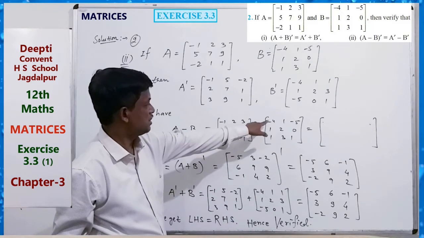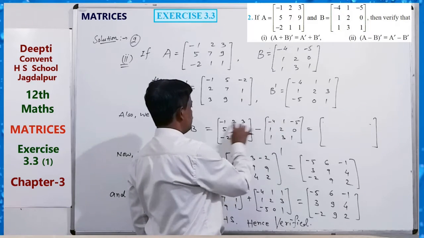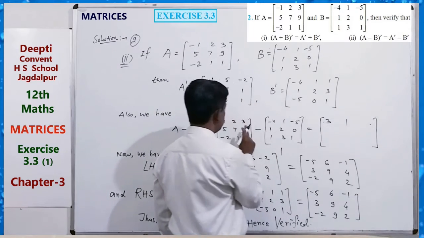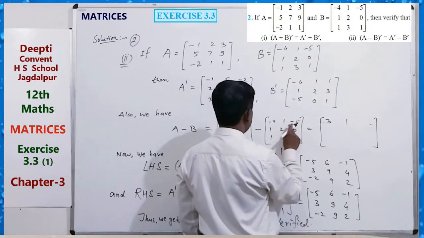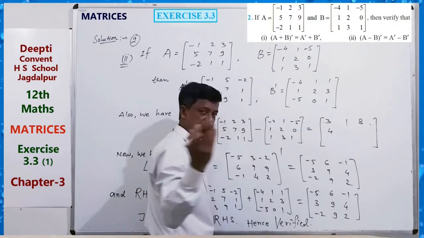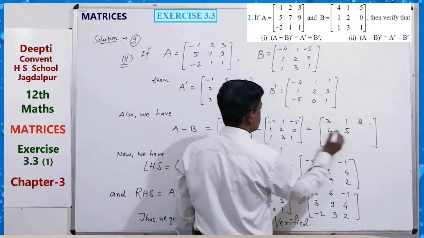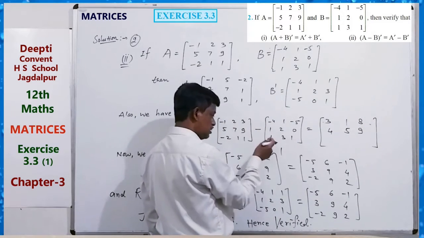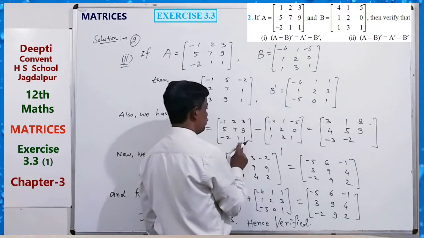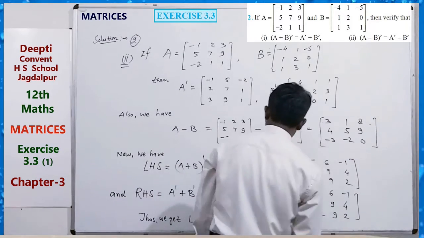Minus 1 minus minus 4 is 3. 2 minus 1, 1. 3 minus 5 plus 5, 8. 5 minus 1, 4. Just subtract now. 7 minus 2, 5. 9 minus 0, 9. Minus 2 minus 1, minus 3. 1 minus 3, minus 2. 1 minus minus 1, 0. This is the subtraction.